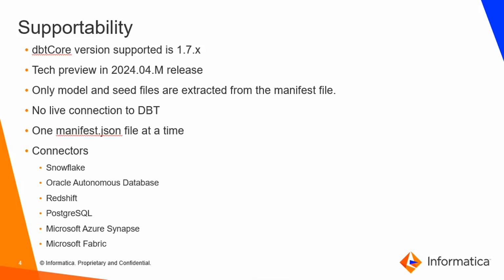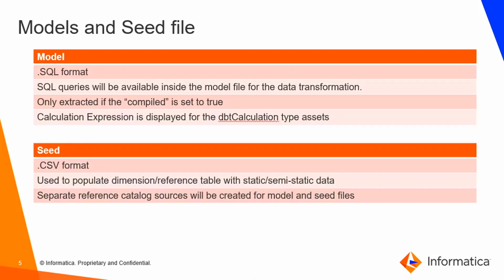Okay, moving on to the next slide. Models and seed file. As I mentioned in the previous slides, we can extract only the model and seed file from the DBT projects. Model and seed are two different types of files: the model file has a .sql format and the seed has a .csv format.